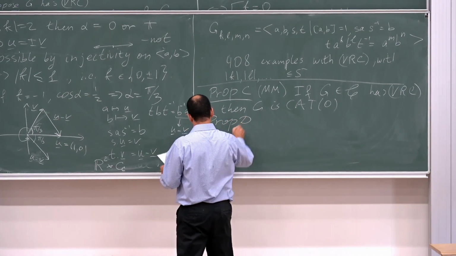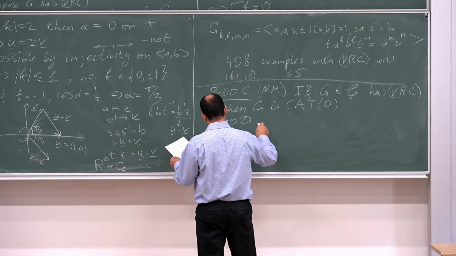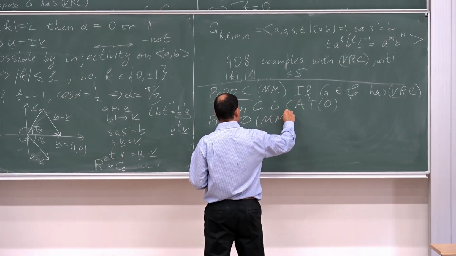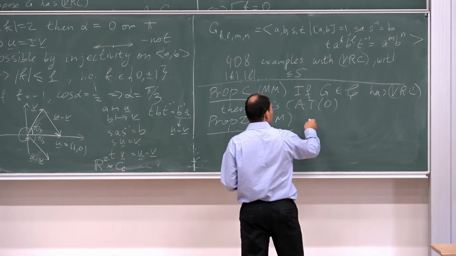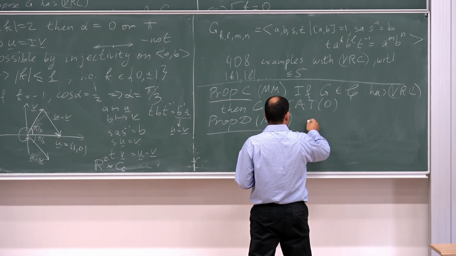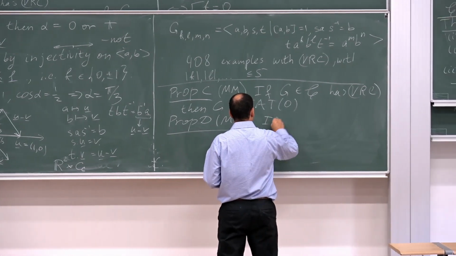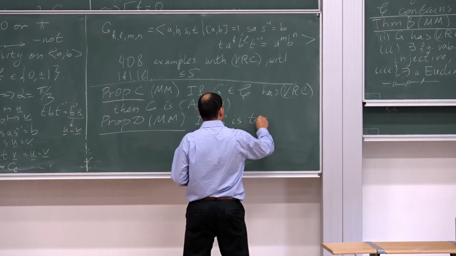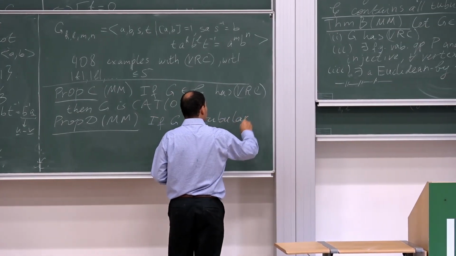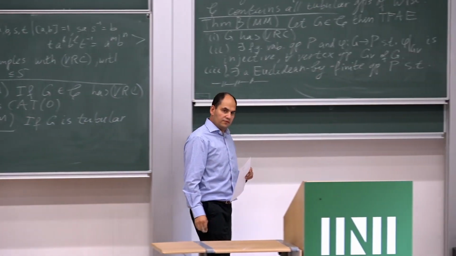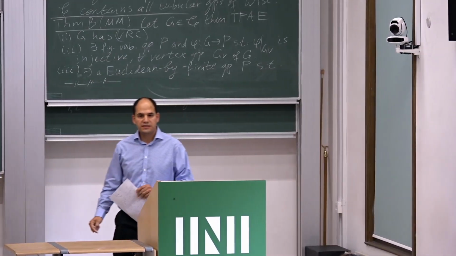Proposition D. Again, here I'm going to restrict to tubular groups. So tubular group is a special subclass. It's the fundamental group of a graph of Z squares.